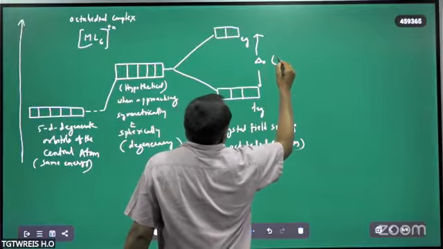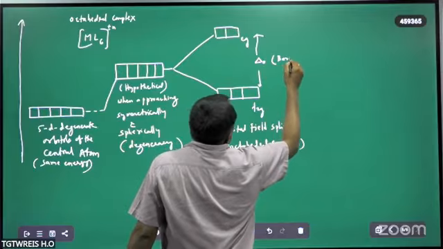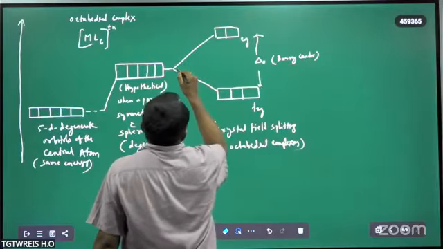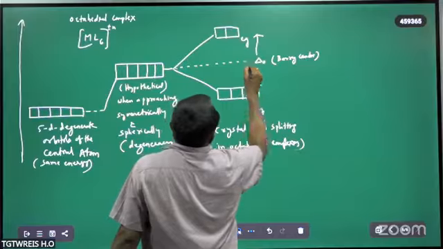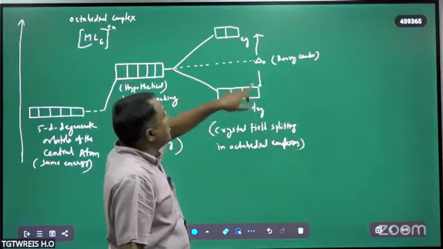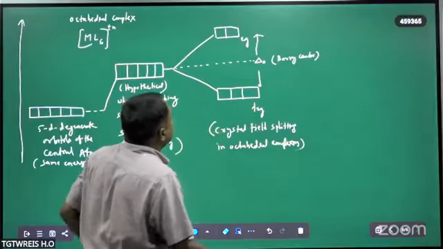This is the barycenter. This is the energy difference between the higher energy eg and the lower energy t2g orbitals.